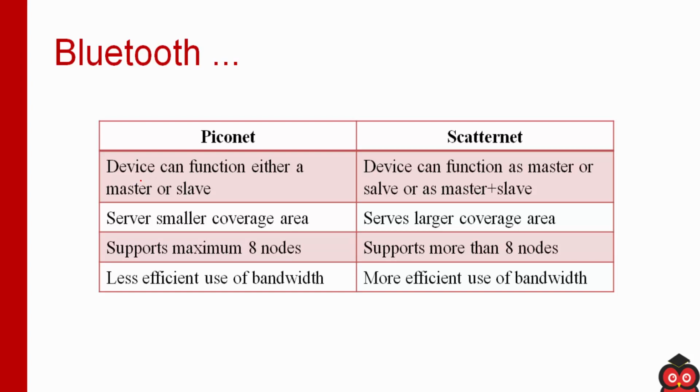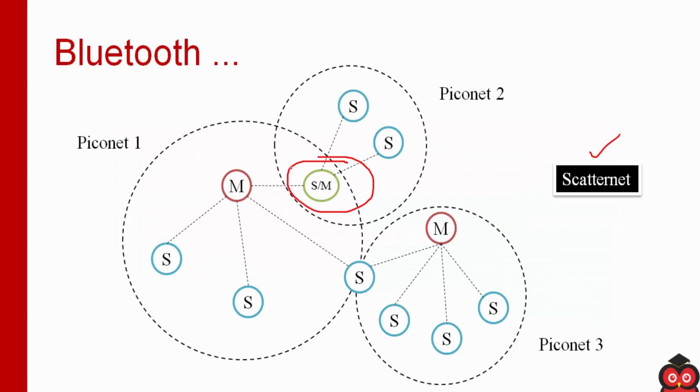The first difference: in Piconet, a device can function either as a master or slave, but not both. But in Scatternet, a device can function as a master, slave, or both. Like this one.